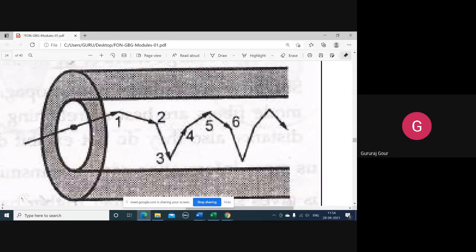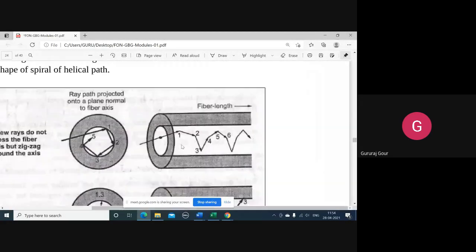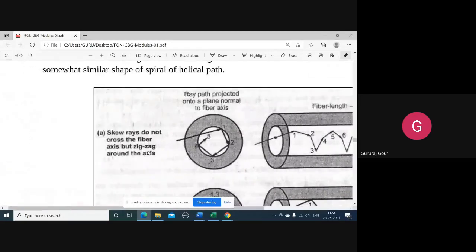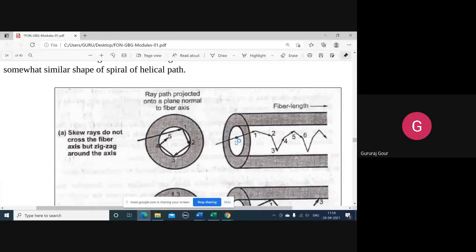You can see here the fiber axis, the middle point, the center of the core. It will never cross that axis. So it is confined to the cylindrical inner wall of the core. This is how the skew ray takes its path of propagation. It is either spiral or helical in shape.